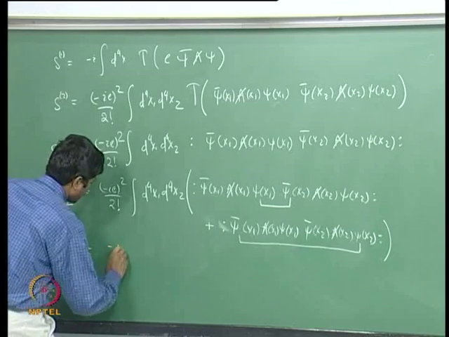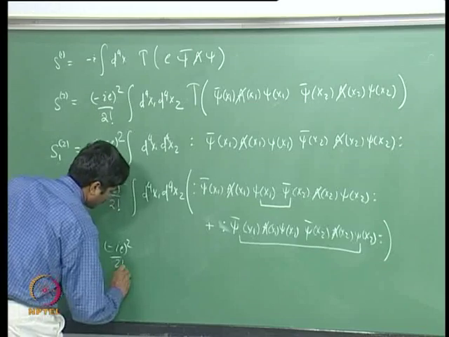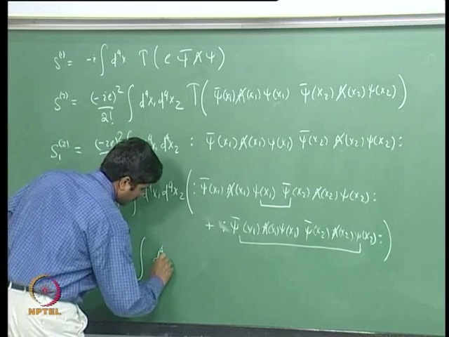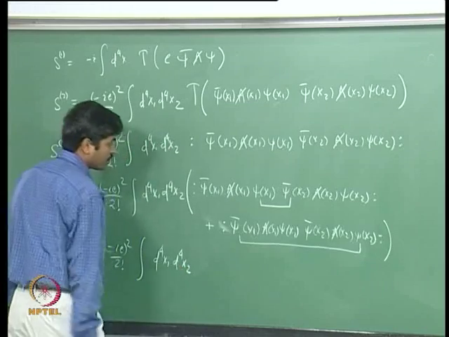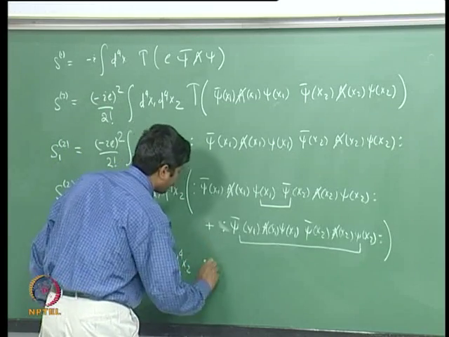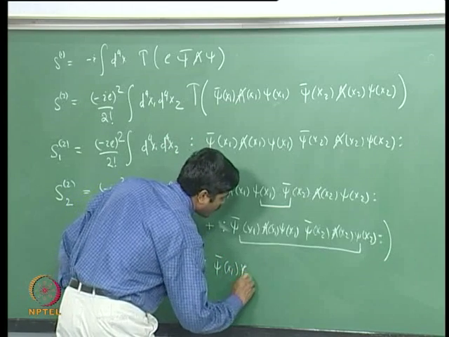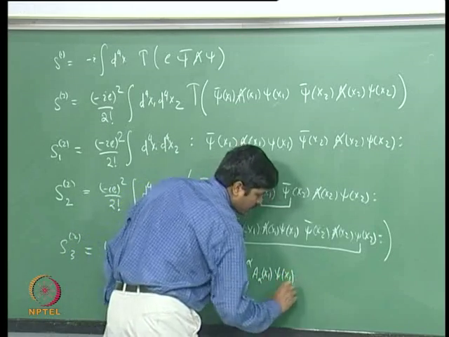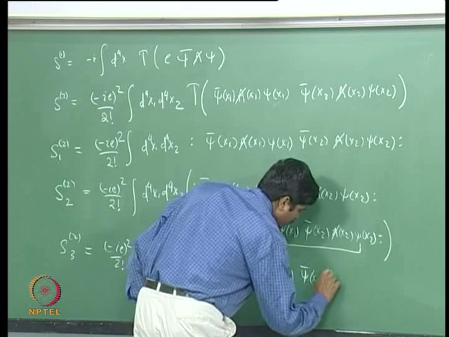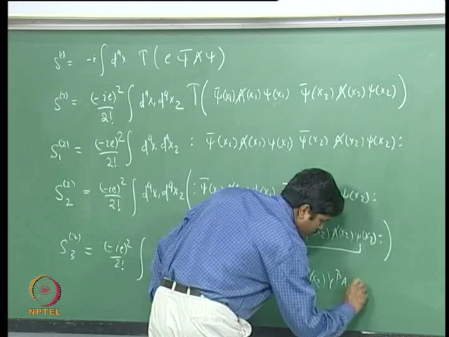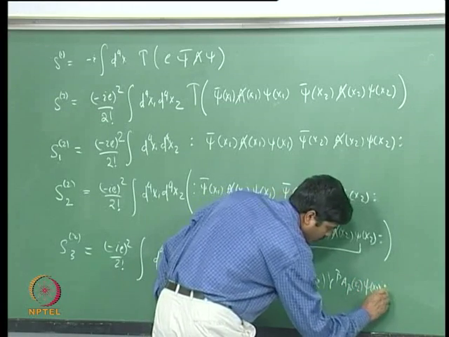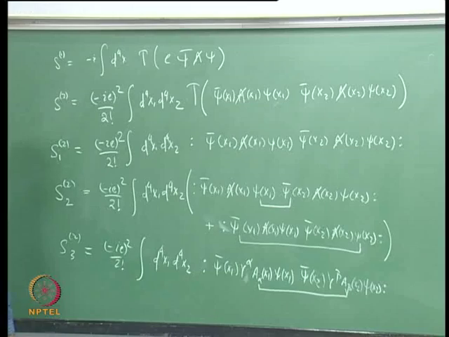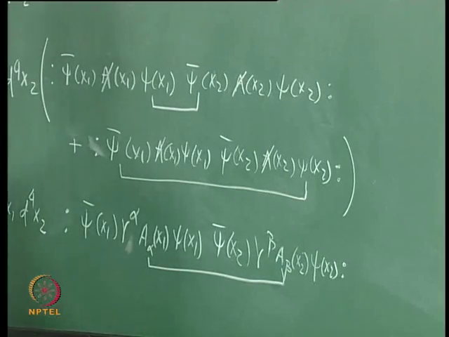So, this is minus i e squared over 2 factorial integration normal ordered product of psi bar x1 gamma alpha A alpha of x1 psi x1 psi bar of x2 gamma beta A beta of x2 psi of x2, where A alpha x1 contracts with A beta x2. This contains all the one contraction terms.